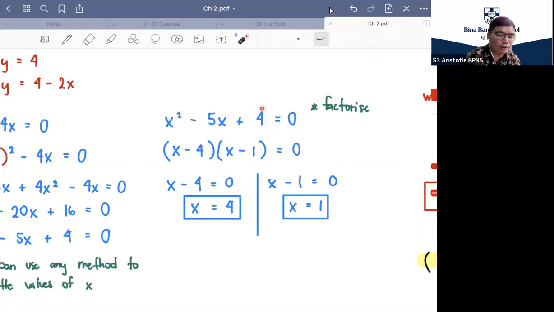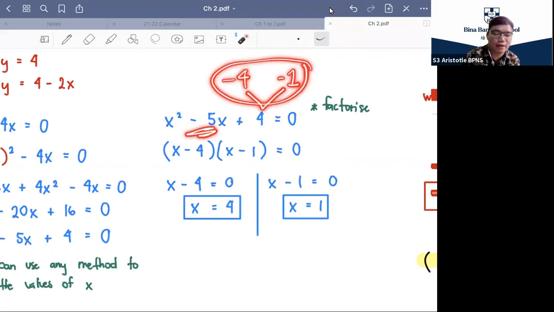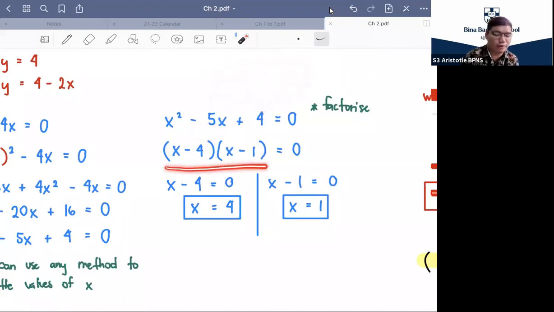When you factor out negative 4 times negative 1, it's positive 4, and when you add these two, it's equal to negative 5, right? So those are the factors of this equation right here. So you have x minus 4 and x minus 1 equals 0. This is the factored form of this one.